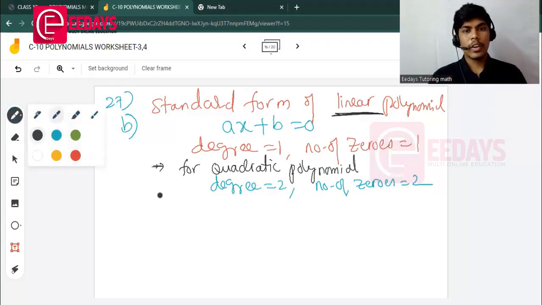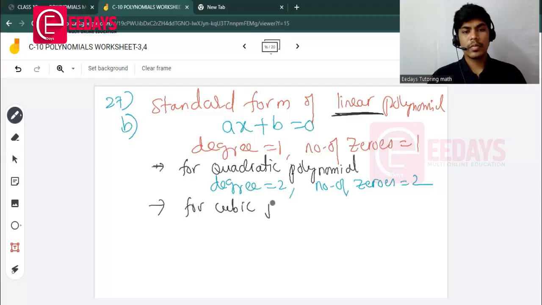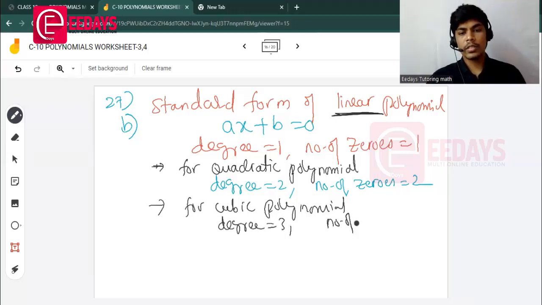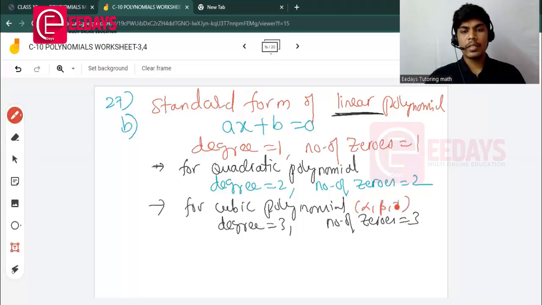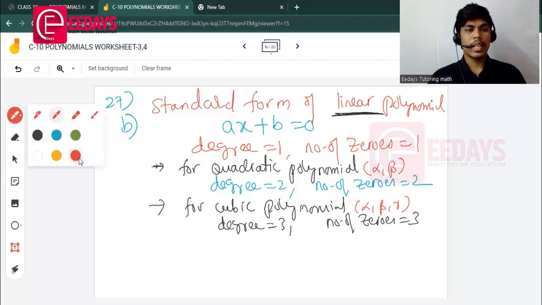For cubic polynomial, degree is 3, so obviously the number of zeros is 3. We can write the zeros like alpha, beta, gamma. For quadratic polynomial, alpha, beta we can write. So that is the answer for option B.